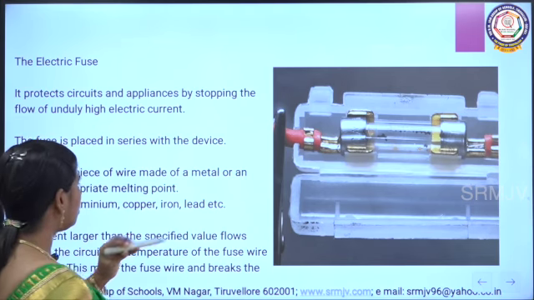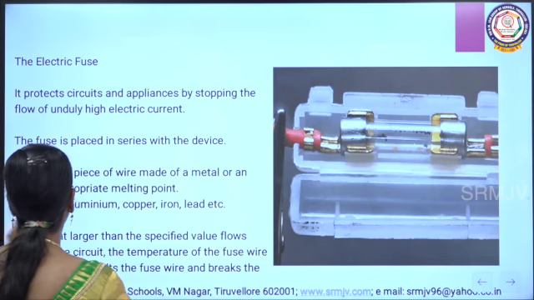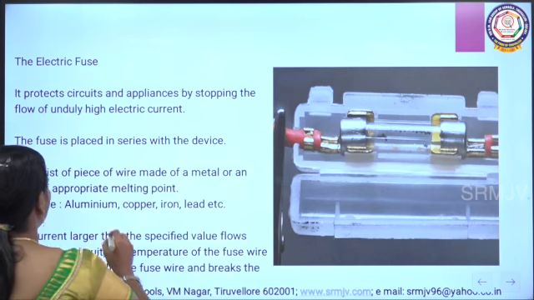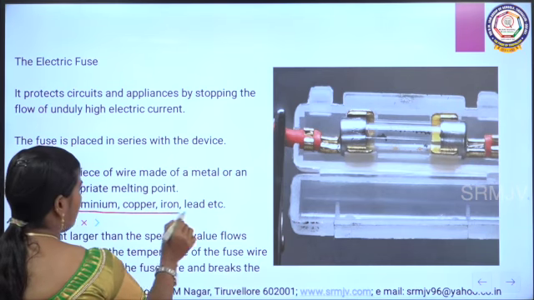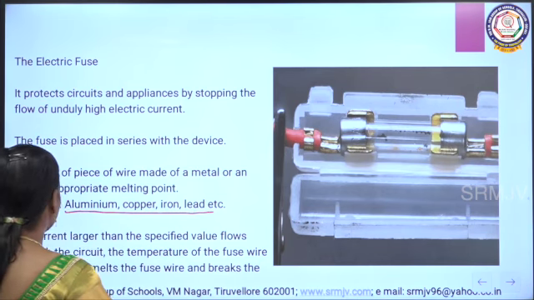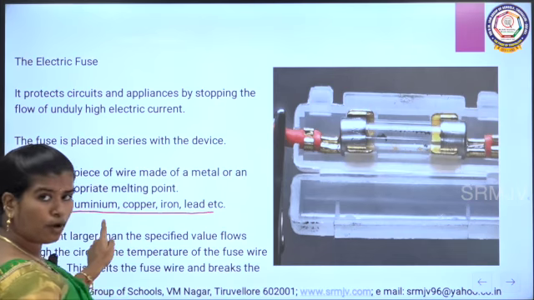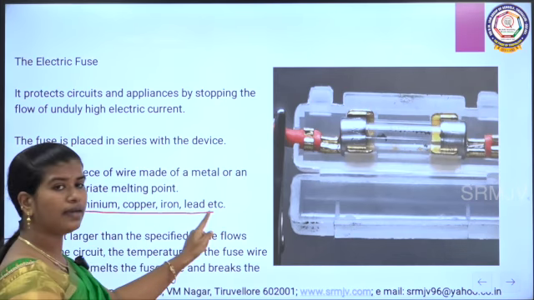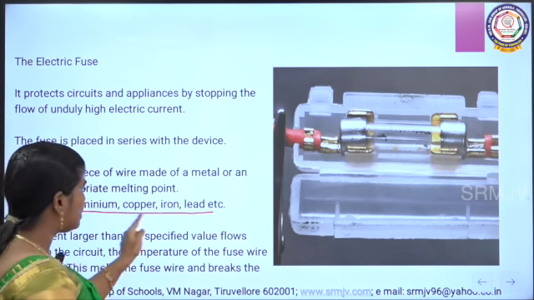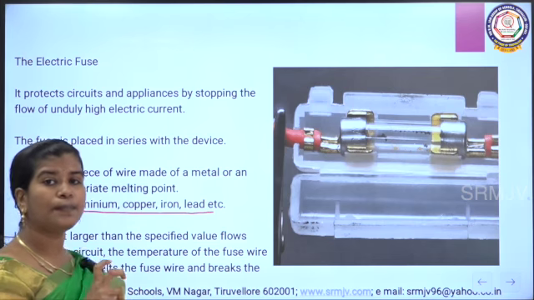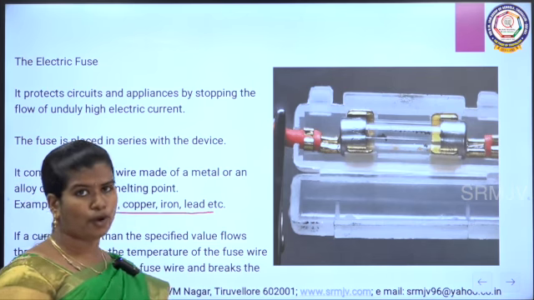Okay. So, usually this fuse wire is made up of aluminum, copper, iron or lead. All these should have the appropriate amount of melting point. Okay.